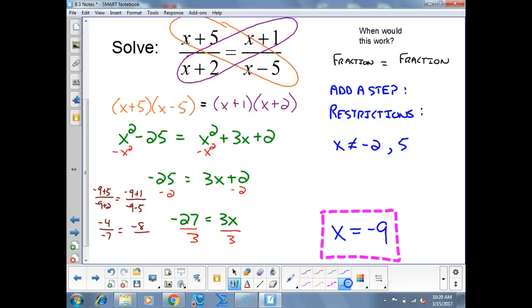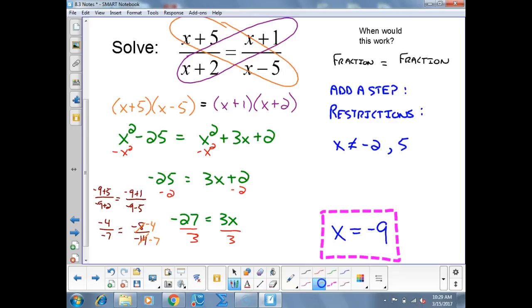Negative 9 minus 5 is negative 14. Are those two equal? They're not the same numbers, but they are equal, because if I divided this one by 2, I'd get negative 4, and dividing this one by 2, I'd get negative 7, and now they are equal.